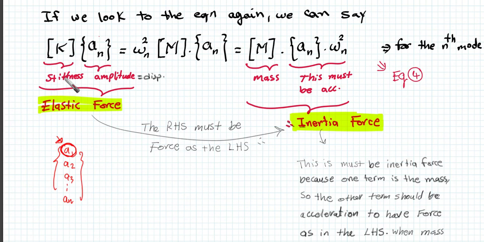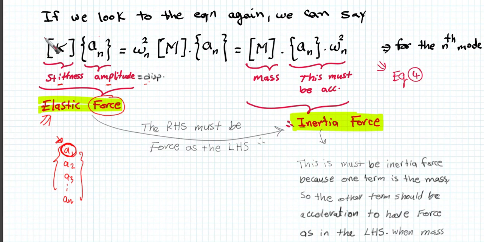Okay, whenever we multiply stiffness by amplitude, or displacement, stiffness times displacement, it equals what? Force, right? And because we are talking about the stiffness term here, it is logical to say that it is going to be elastic force, elastic force.